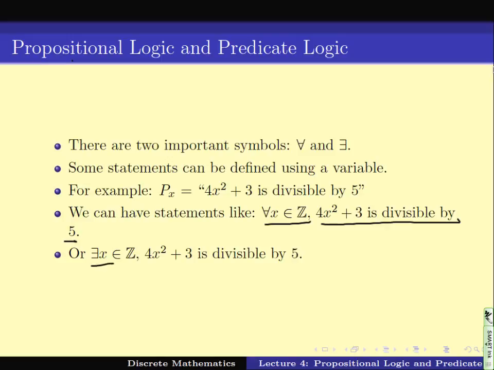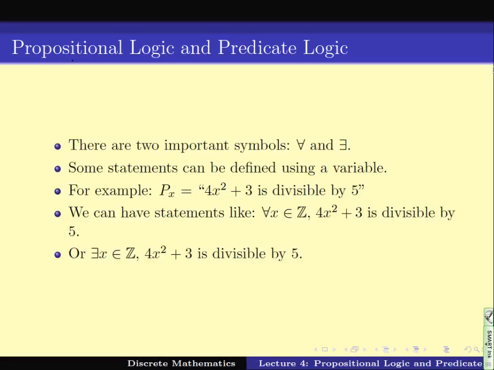Or, there exists x in Z, 4x squared plus 3 is divisible by 5. Now, these two are examples of propositions which have variables, namely x, in them, and they are quantified properly. The first one has for all x, the other one has there exists x.